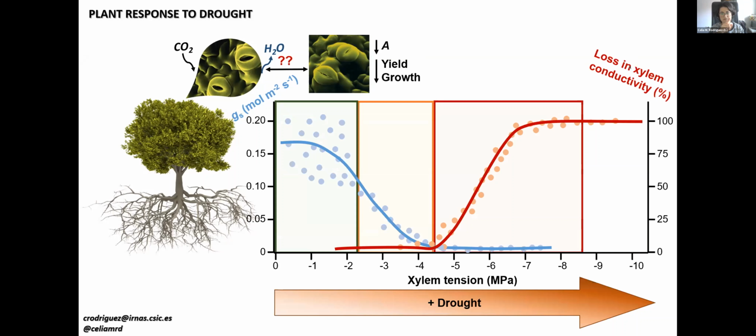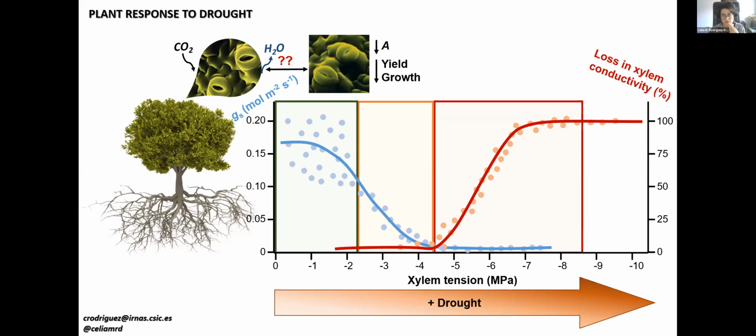Graphically, if we represent this, it will be like this graph, where we can see that we have three phases. In the first phase, stomata open and close, mostly depending on environmental and light conditions. Then, as the drought increases, stomata close to reduce transpiration, to reduce water loss, and also to avoid damage in the xylem.